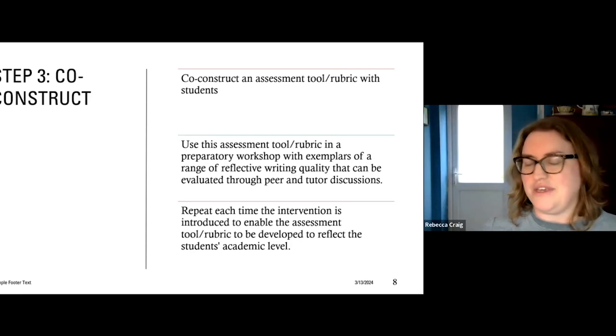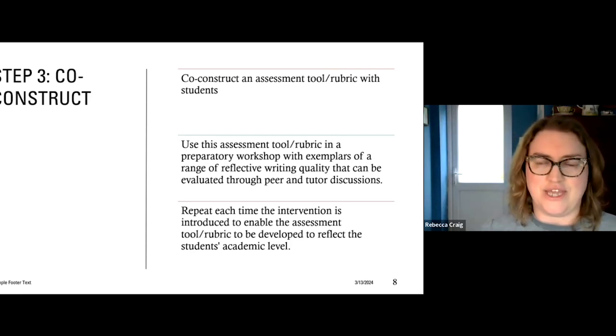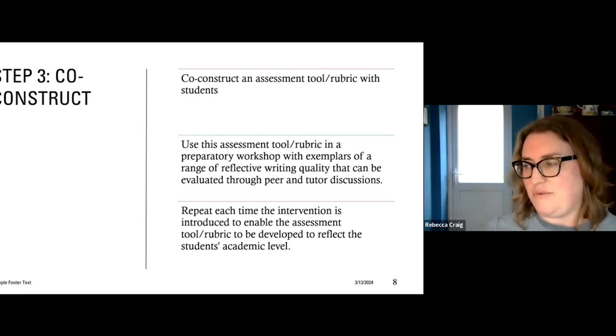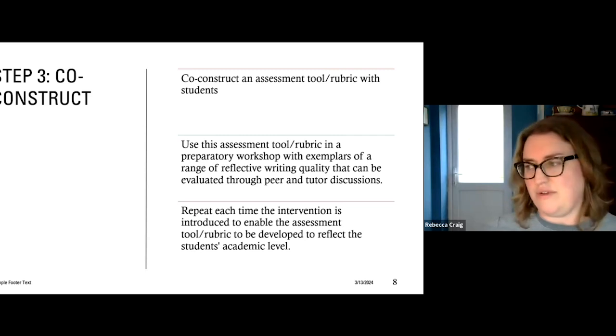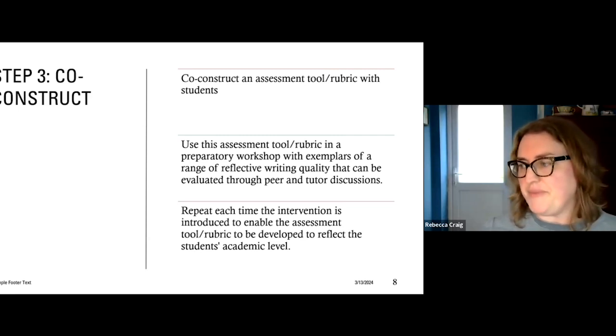So thinking about how you can support them in using that language in their rubric, and really deeply understanding how we are assessing work as lecturers, so they can bring some of that quality into their peer feedback.